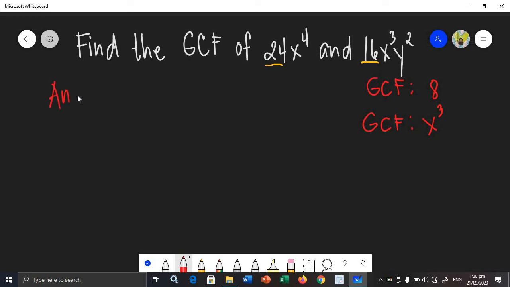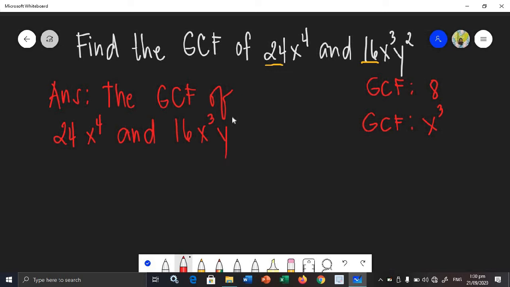So, ang answer natin, the GCF of 24x to the fourth and 16x cubed and y squared is, we need to combine this, no? So, 8x cubed. This will be your answer. Okay? So, pinagsama lang natin yung dalawang GCF. And that will be the GCF of the given.